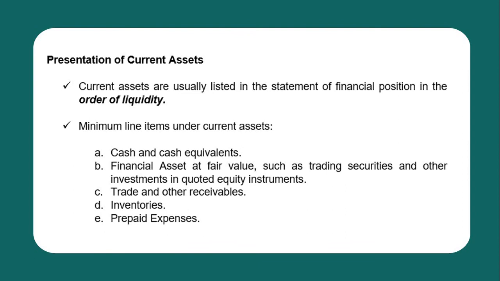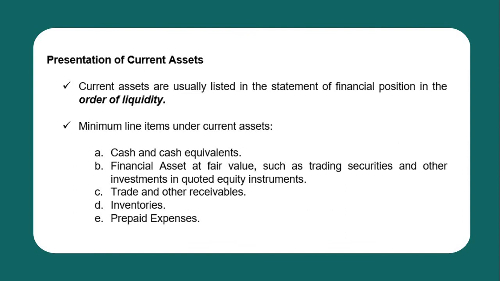So, kani siya group of financial assets measured at fair value through profit or loss. Then, letter C, trade and other receivables. So, this is the minimum line item for all types of receivables that are realized within a 12-month period.